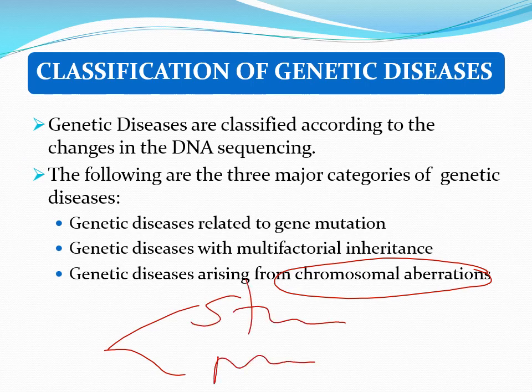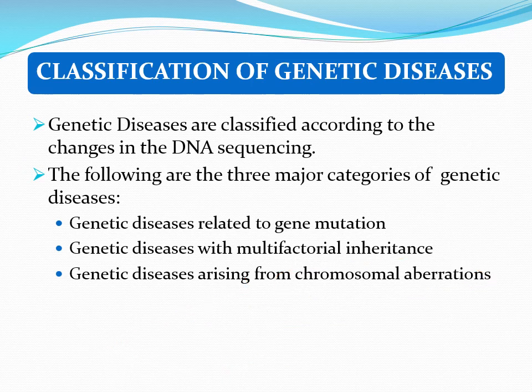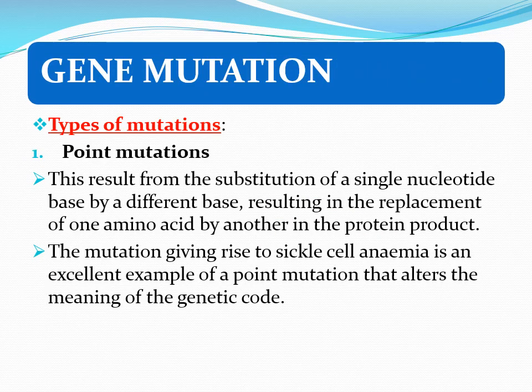A number meaning that we have more than the number required or less than the number required. So when we are discussing genetic disease, I would like first to start with our first class, that is gene mutation. So welcome to genetic diseases which are due to gene mutation.